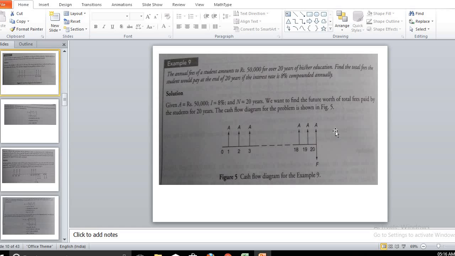Suppose amount A is invested with some percent rate I per period, for a particular time slot n.